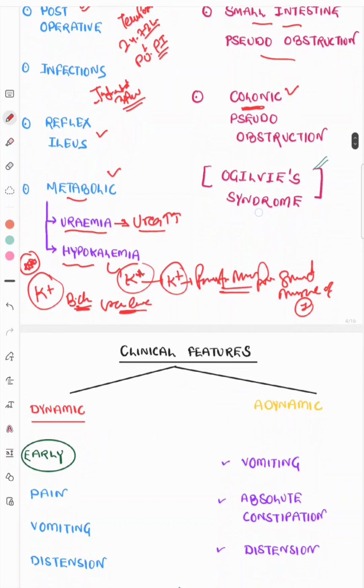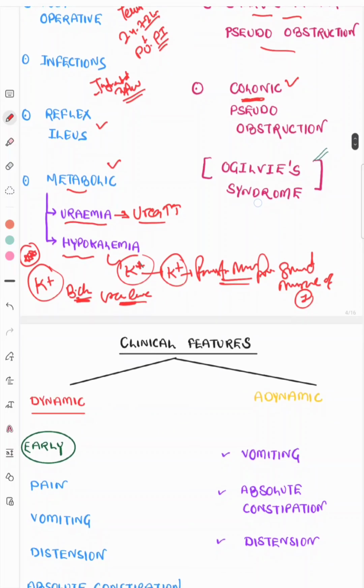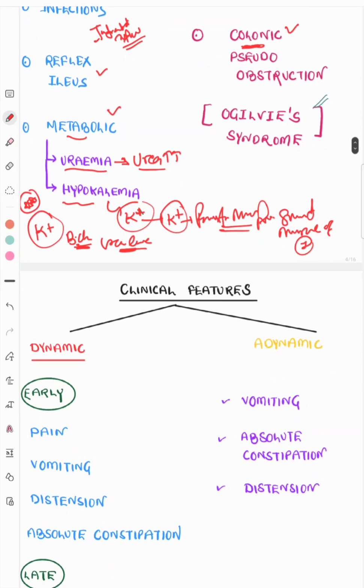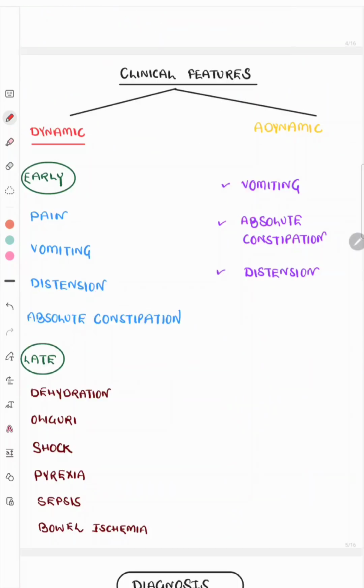In the next slide, we are going to discuss a very important slide: clinical features of dynamic and adynamic obstruction. In dynamic obstruction, I am going to divide it into early and late. In early, there will be pain because, due to exaggerated peristaltic movement, the bowel tries to overcome the obstruction.